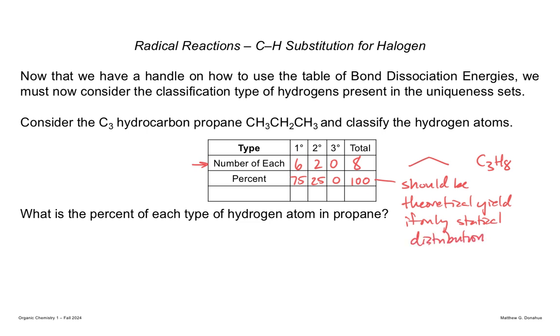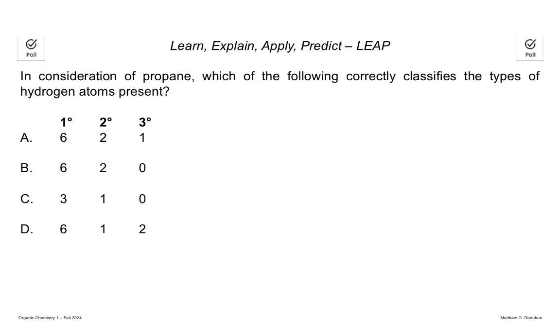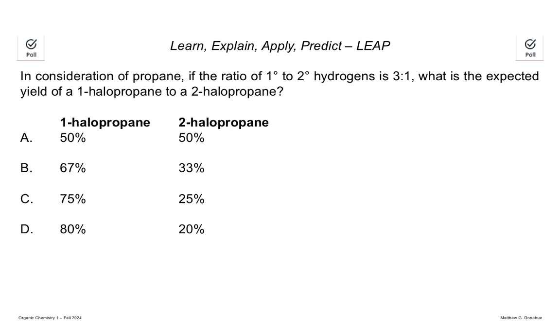So the little note there is that percent is telling you that's what you would expect to see in the product distribution if you only considered the statistics of the hydrogens present. So this question was 75-25.